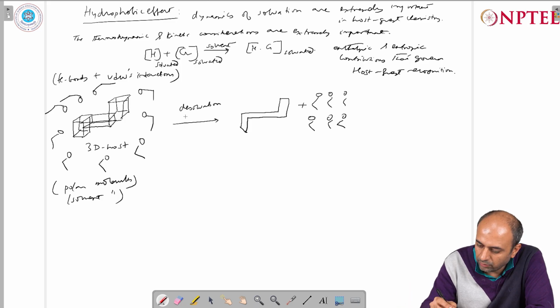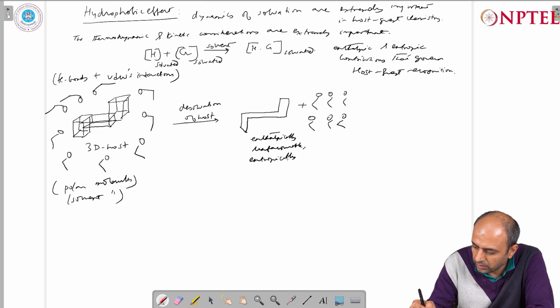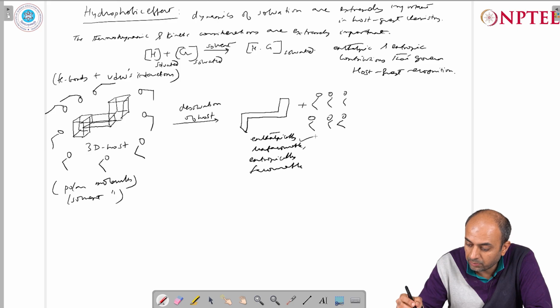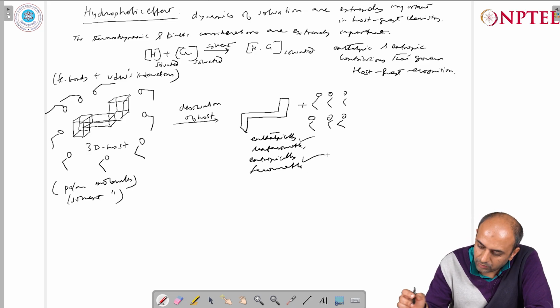So when you have the desolvation of the host, this is enthalpically unfavorable but entropically it is favorable. This is because when you remove the solvent molecules, then you eliminate the hydrogen bonds which stabilize the host. So, enthalpically unfavorable, but entropically you increase the number of particles in the bulk. So, this is an entropically favorable process.